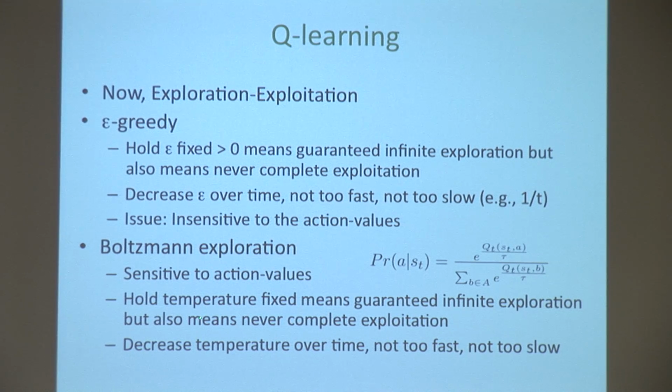So if you hold the temperature fixed, you will do a fixed type of exploration, but sensitive to values. And of course, as you decrease temperature over time, again, not too fast, not too slow, you'll ensure that the conditions required for convergence are met.